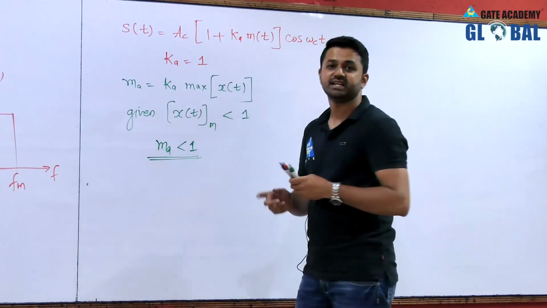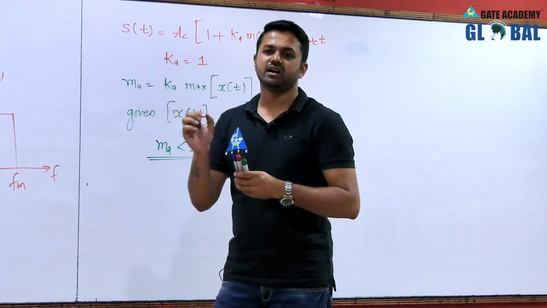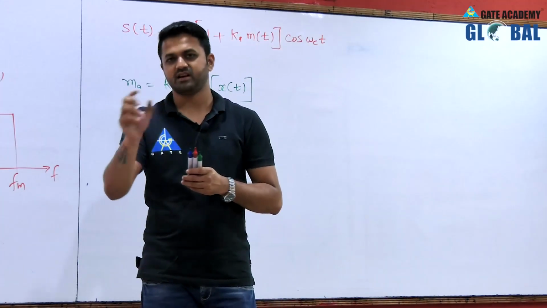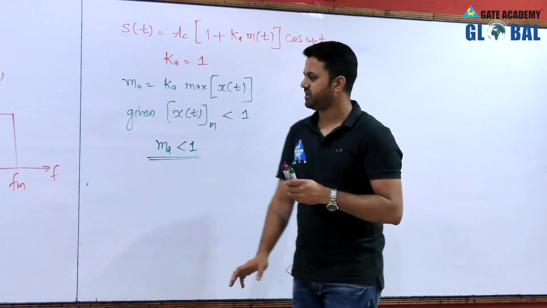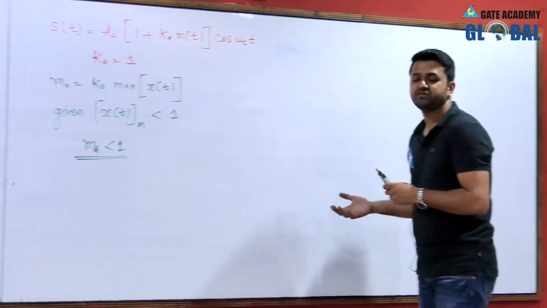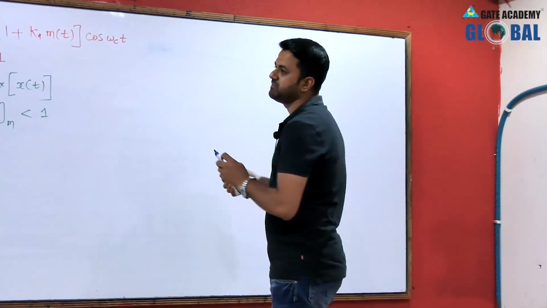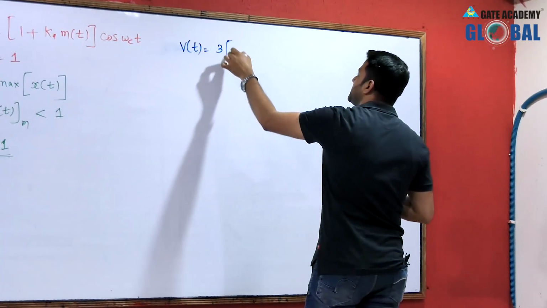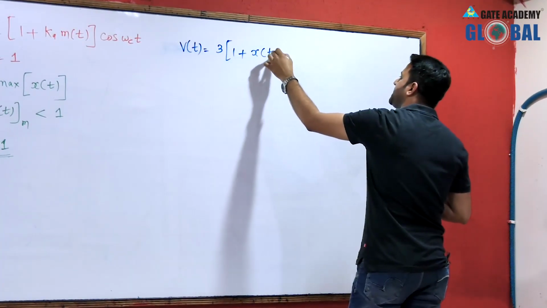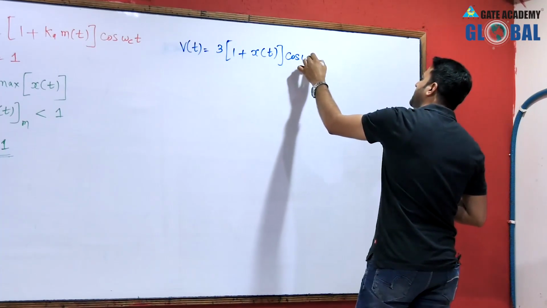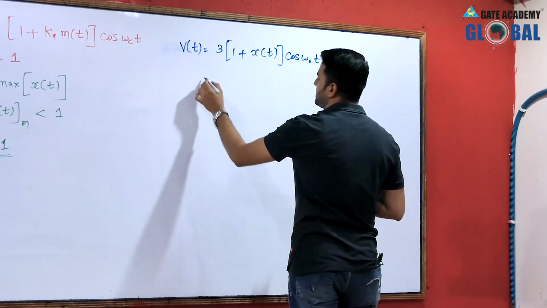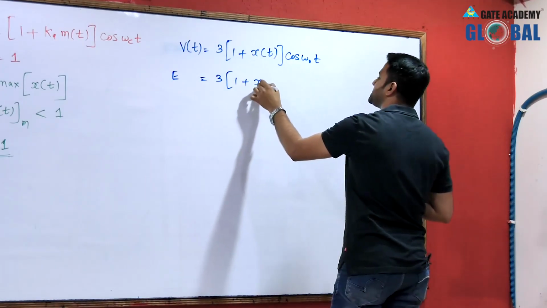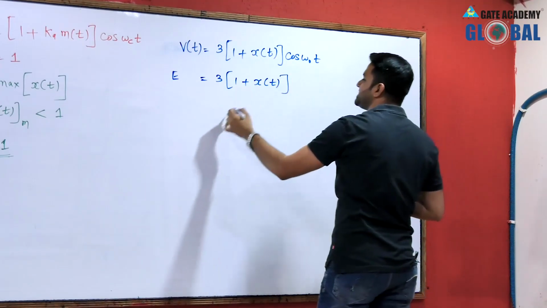If the modulation index is less than 1, the envelope detector works properly, with the time constant between 1 upon fc and 1 upon fm, so it will give the message signal correctly. The signal is v of t equals 3 into 1 plus x of t, cos omega naught t. If you find the envelope here, it is 3 into 1 plus x of t, and this DC will be blocked.